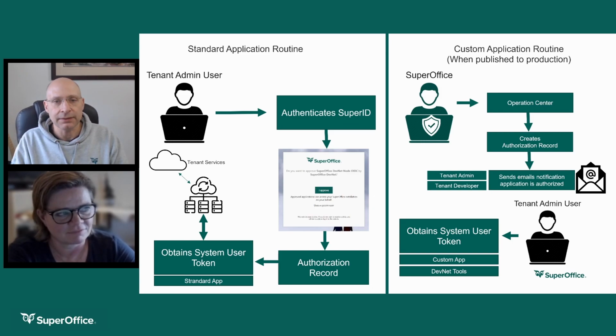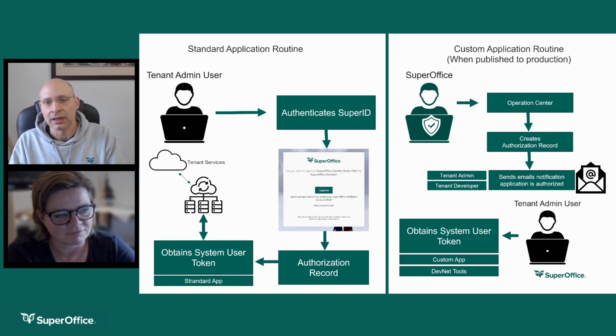So the difference when using a custom application really comes into play when we want to publish that application to be used in the production environment. Everything that we've just shown you for a standard application is identical for a custom application when a consultant or a tenant developer wants to just work in the SOD environment, the development environment.